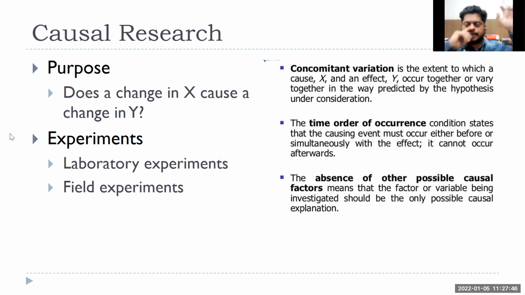So what is my cause? That is my new product launch. What is my effect? A 5% or 3% or 2% increase in revenue, right? So this is your new product launch every year. If I keep launching new products, then every year there will be a 2% increase in revenue due to this new product launch. So my effect is this 2% increase in revenue, right? That is a cause and effect relationship.